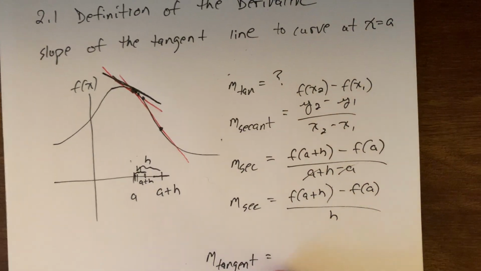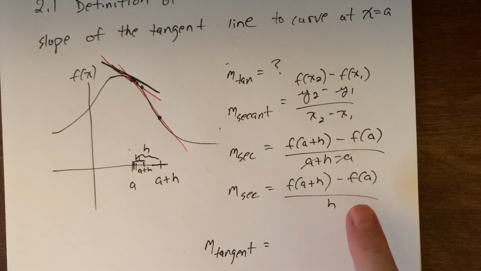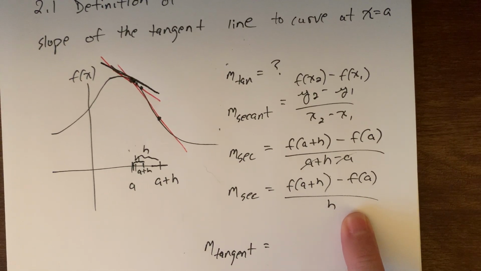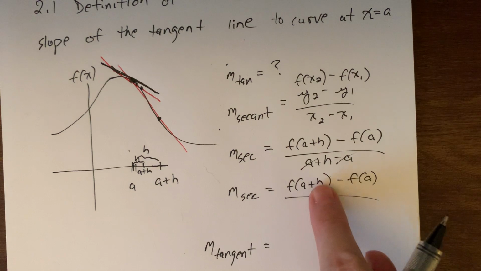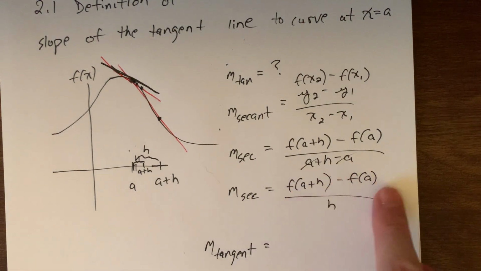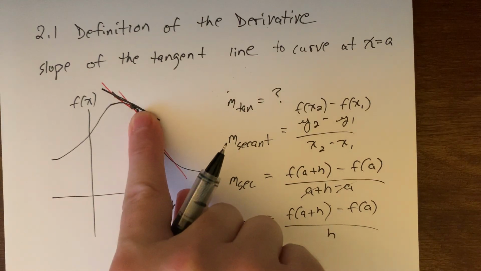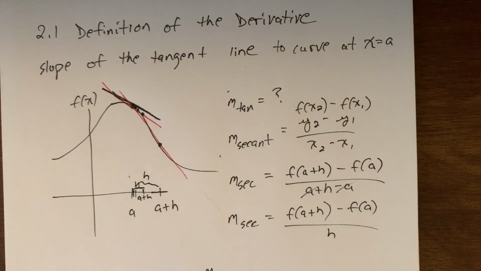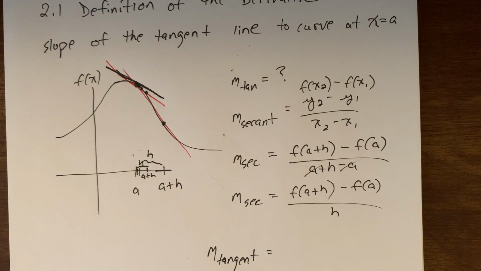What's the extra component? It's all about h. And what we are seeing is, again, the smaller the value h, the closer these 2 points are to each other, and the better representation for the tangent line. So how do I let h continue to get smaller and smaller? That is the limit idea.